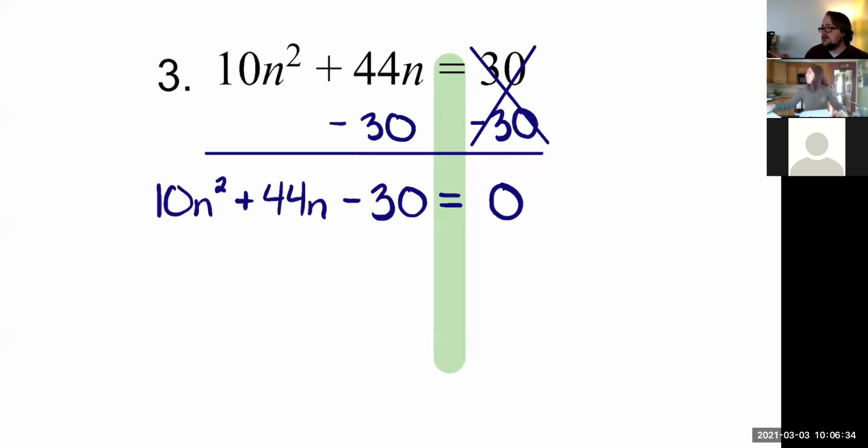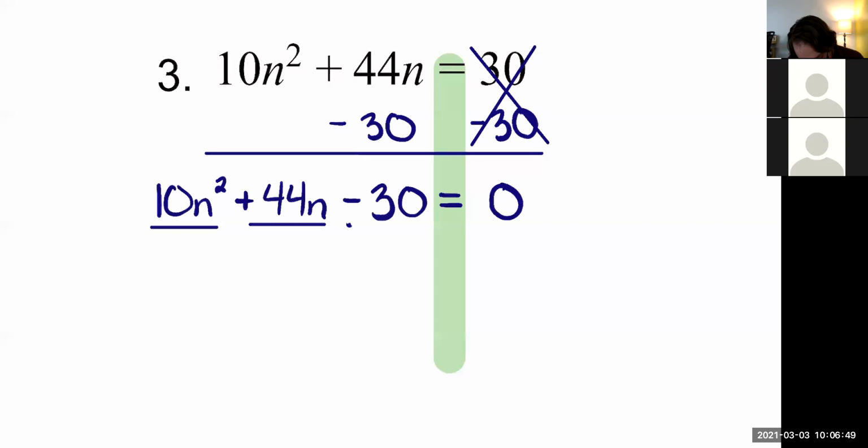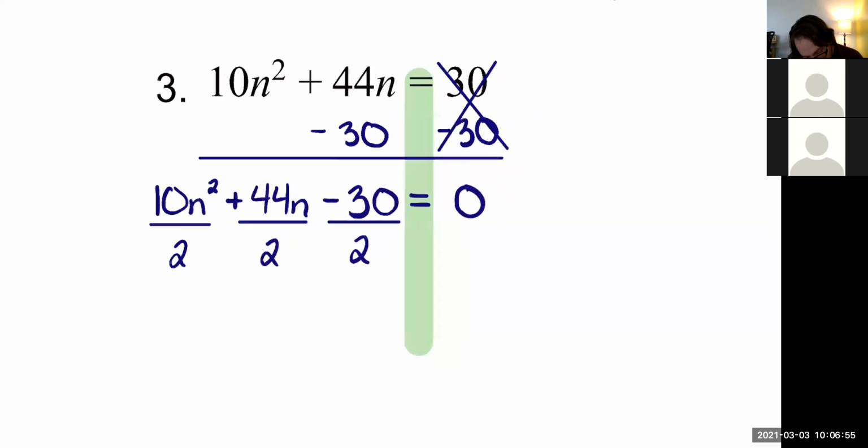Well, 10 doesn't go into 44. 5 doesn't go into 44. I'm running out of options very quickly. I would say 2 really is my only option. So again, not a terribly exciting greatest common factor, but still an important one nonetheless. So I'm going to divide all 3 terms by the greatest common factor of 2.